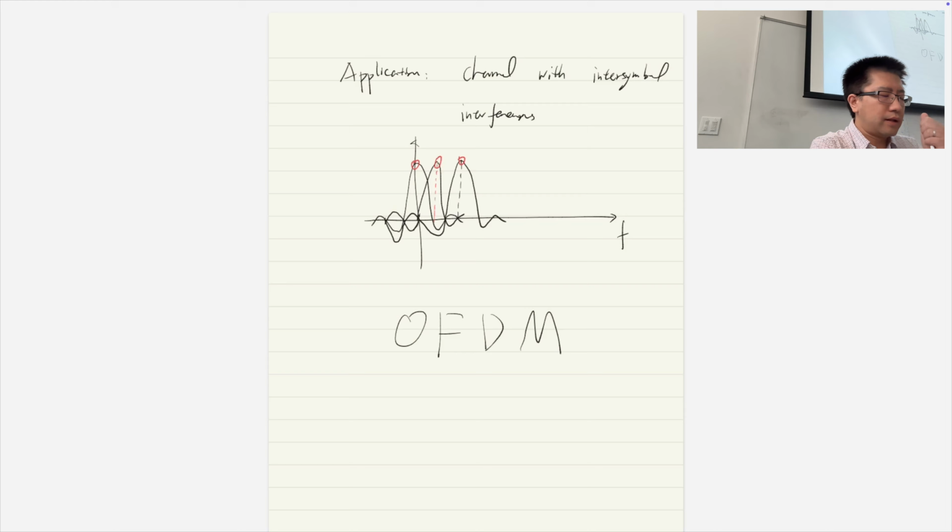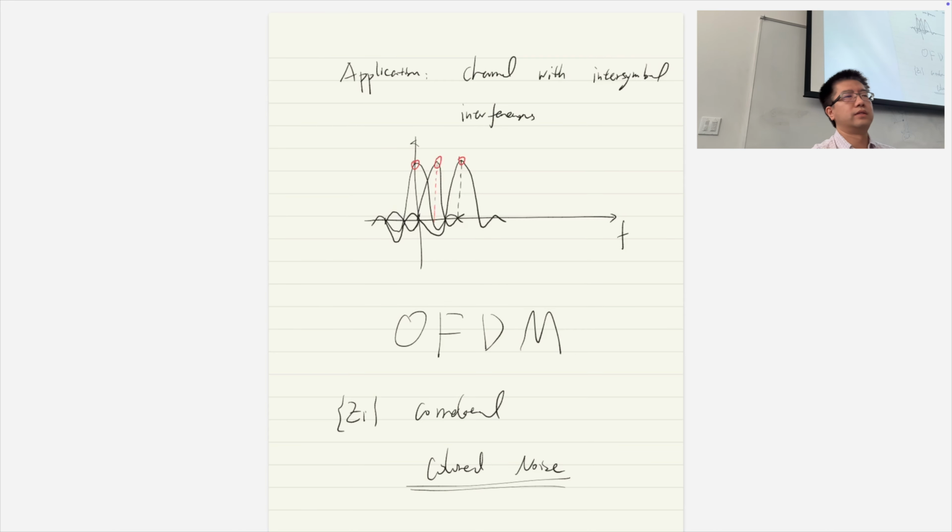And the last thing is, what if the Z_i are not i.i.d.? So they are correlated. In this case, the noise is not white anymore. It's called colored noise. There's a very easy way to deal with that. I will not cover it in detail, but what we do is whitening, so we can whiten the noise.